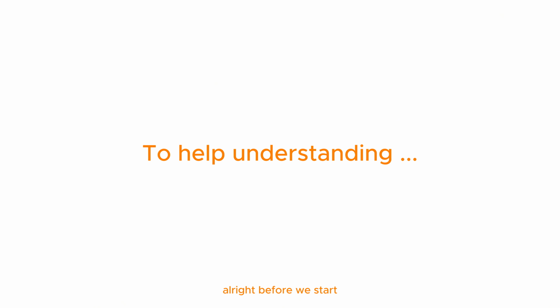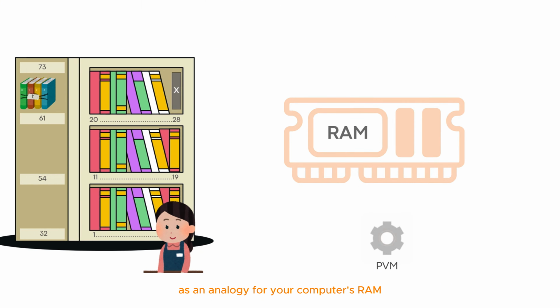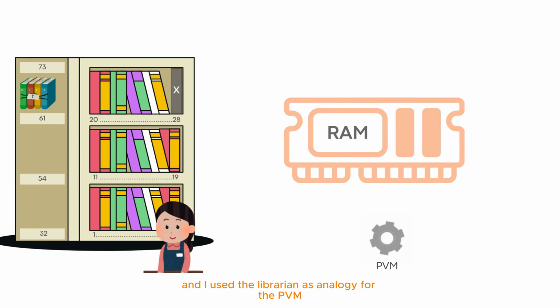Alright, before we start, I want to post a quick note. In our fundamental lessons, to help you build a deep and intuitive understanding, I used a few key analogies. I used the street library as an analogy for your computer's RAM, and I used the librarian as an analogy for the PVM, the Python engine that works behind the scenes.